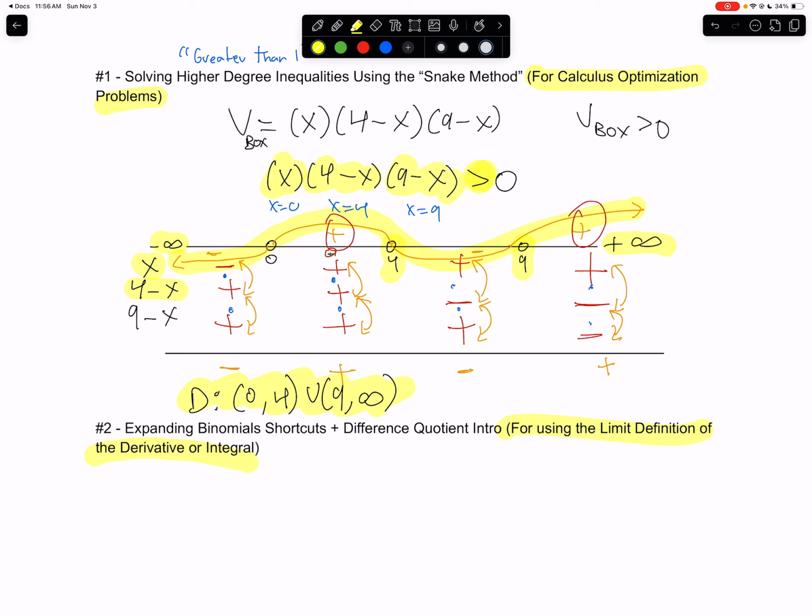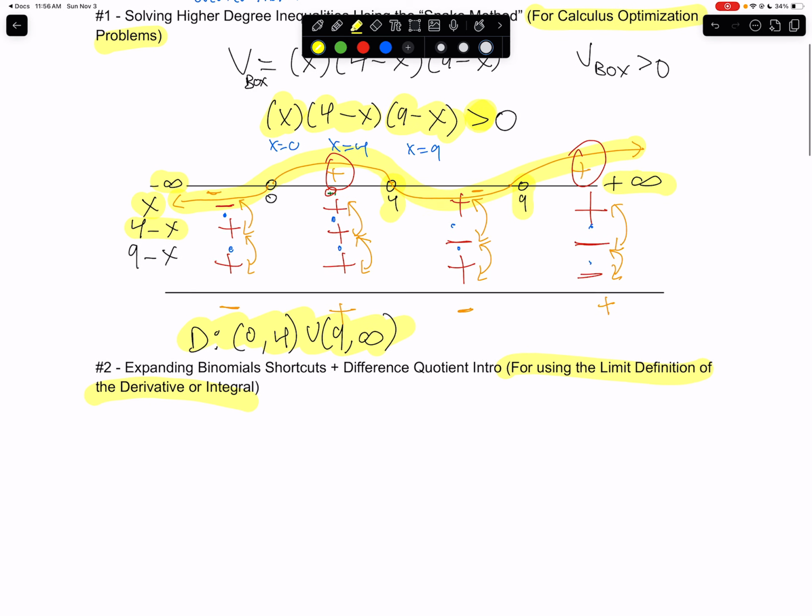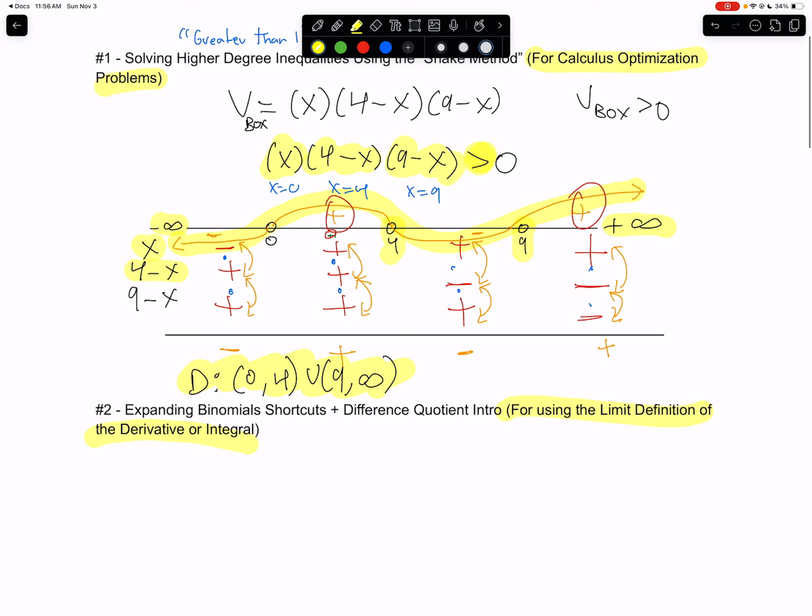So showing all this work will be really beneficial to you in the long run, especially if you make a mistake. Your teacher can look at this work and see, hey, I know where you went wrong, but you did everything else right, and I can give you credit for that. Whereas if you just blindly plug in values in your head and think, oh, I think it'll be positive here, you're just taking more of a risk.